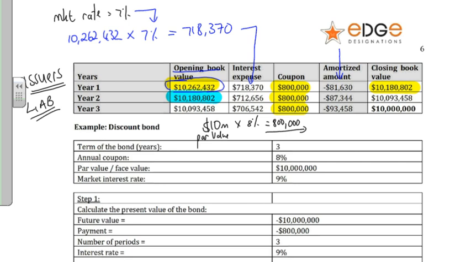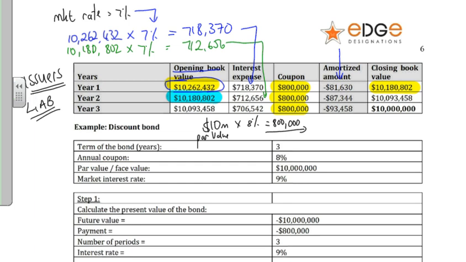What's my interest expense in period 2? It's going to be 10,180,802 times 7%. We're assuming that the market rate hasn't changed. It might well, but okay. And that's equal to 712,656. What's the difference then in year 2 between the interest expense of 712 and the coupon, which never changes?